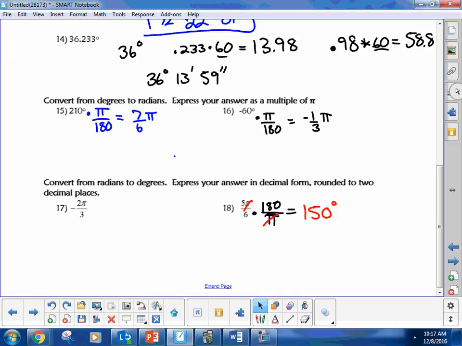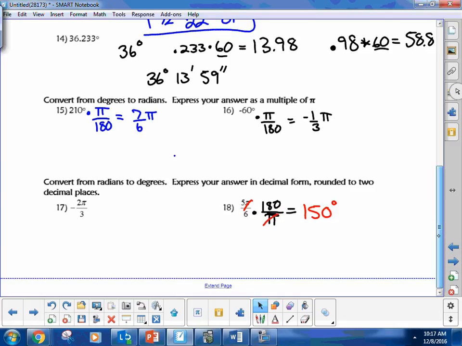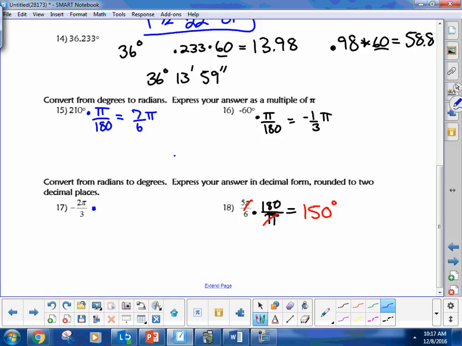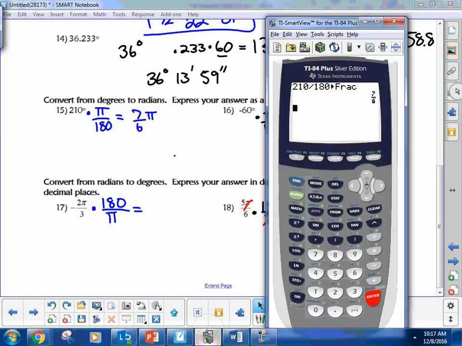All right, now let's do this next one. On this final one, you're going to go ahead and take this, and the conversion is 180 over pi. So we're going to have negative 2/3 pi times 180 over pi.